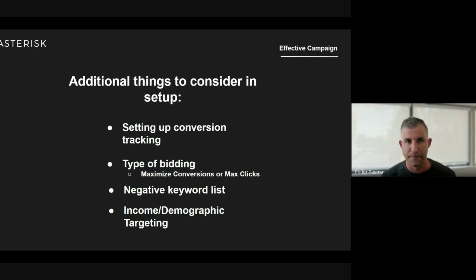And then lastly, within Google, you can also do some income and demographic targeting. So if you want to target people by a certain income, if you want to target some demographics, so like you could target theoretically people if they own a home or if they're in market for real estate or if they have a family. You can get pretty creative with what kind of stuff you want to do. So there's those options to consider as well.